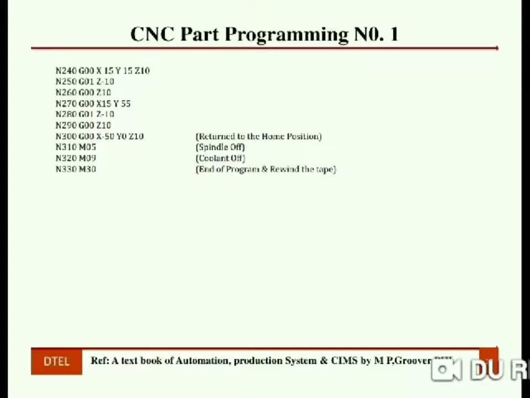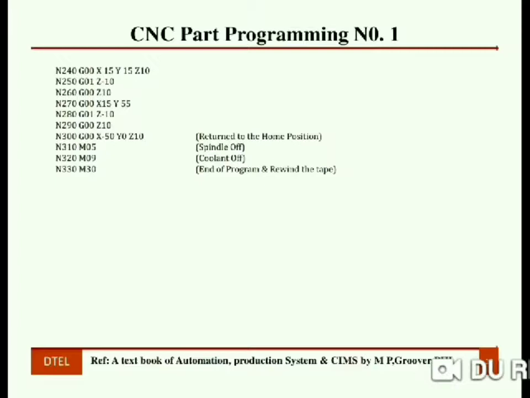So N270 statement number G00, X15, Y55. Again we are going to perform the drilling operation here. N280, G01, Z minus 10, through hole. Again we need to lift the tool with the help of the G00 command, rapid interpolation, Z10, 10 mm above the surface.